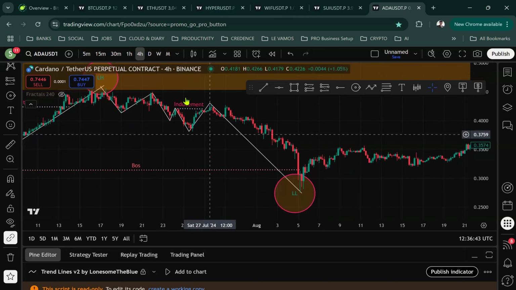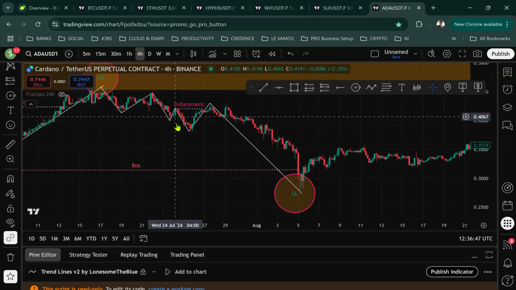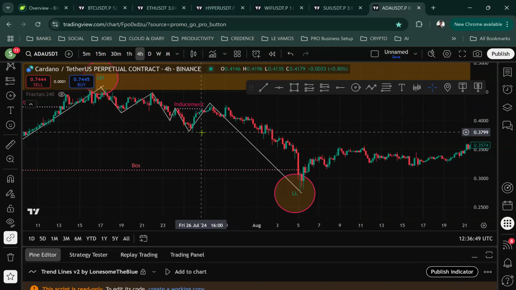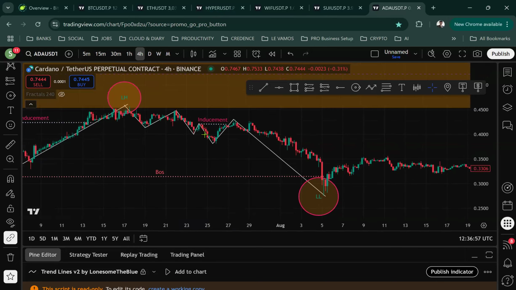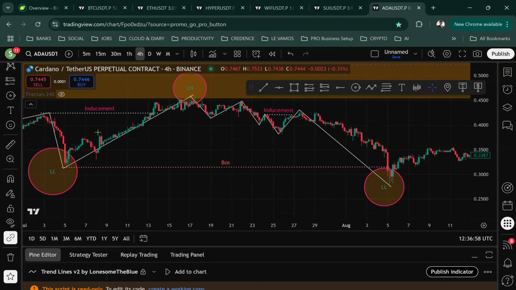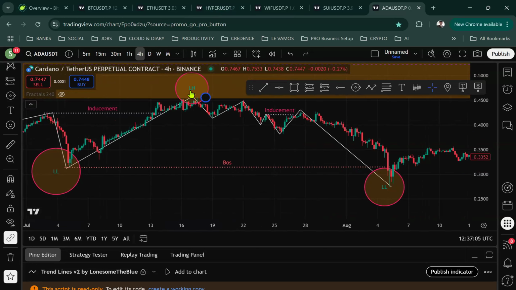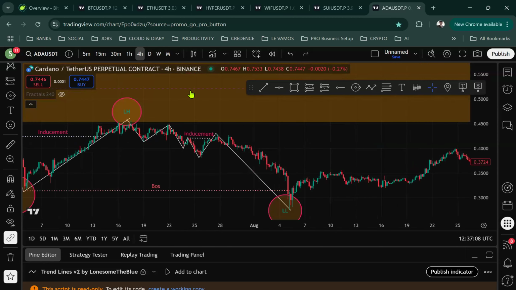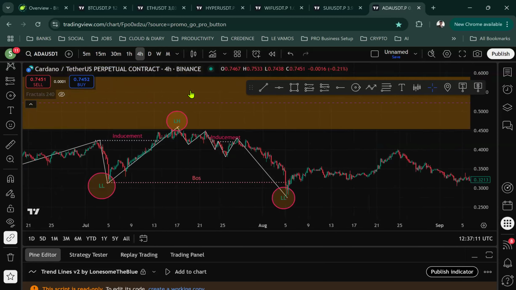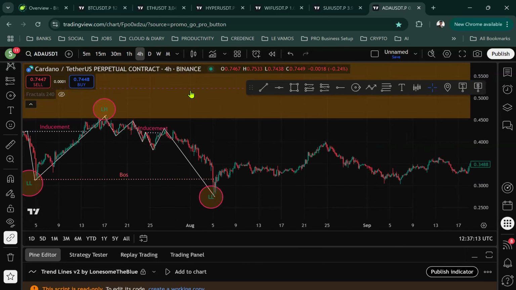I mean, this inducement is correct? Yeah, the lower high is what we are working with. The last lower high before the break of structure happened. This one. Yes, that's the lower high we're working with. So when the price broke that lower high, we can say the trend changed.